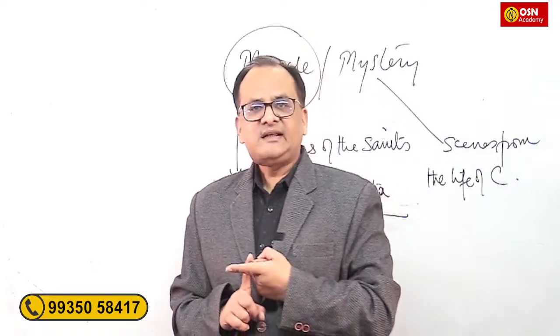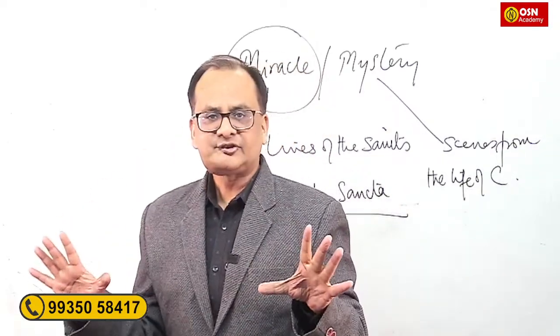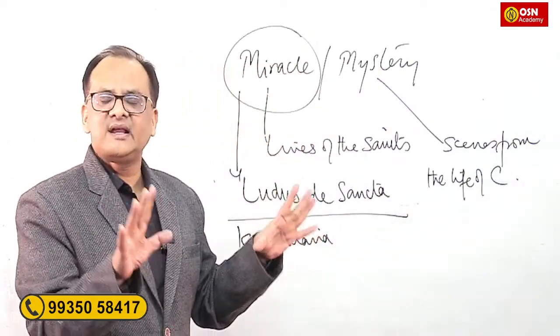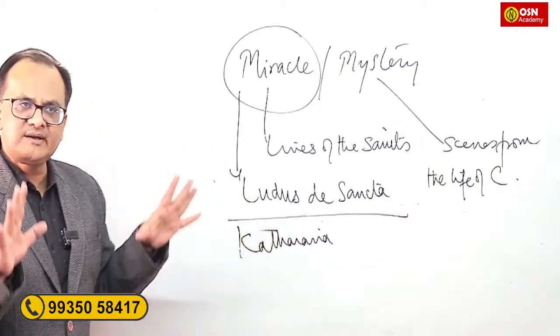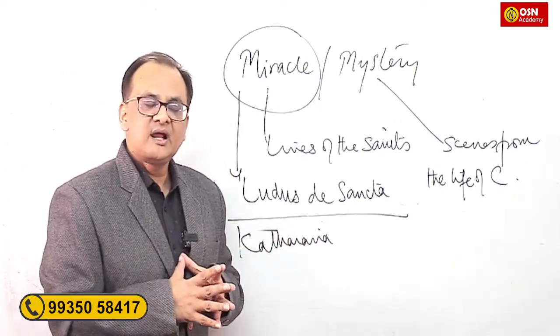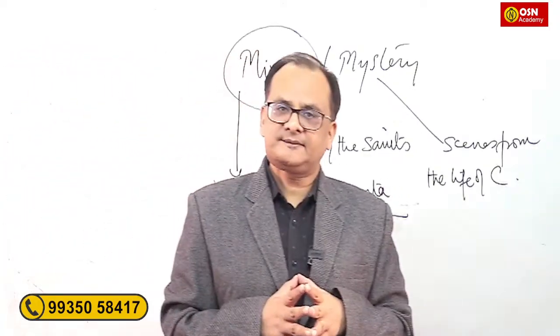The Chester cycle has 25 plays. The Wakefield cycle has 30 plays. The Coventry has 42 plays. And the York cycle has 48.